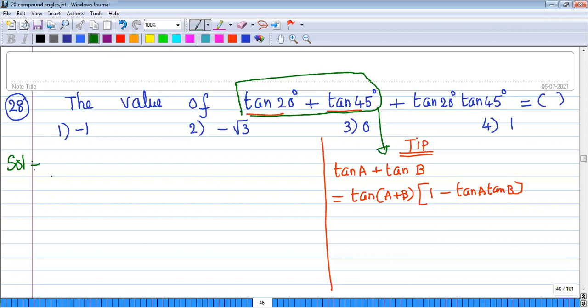Sorry, I made a mistake. This is tan 25, because you are correct. So tan 20 plus tan 25 we can write as tan 45 degrees into 1 minus tan 20 tan 25, plus tan 20 tan 25.